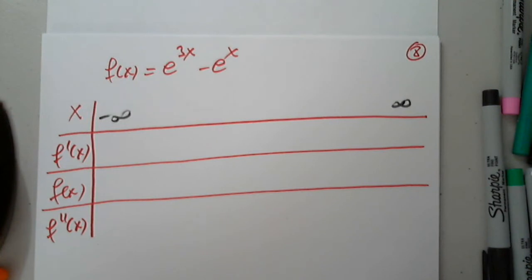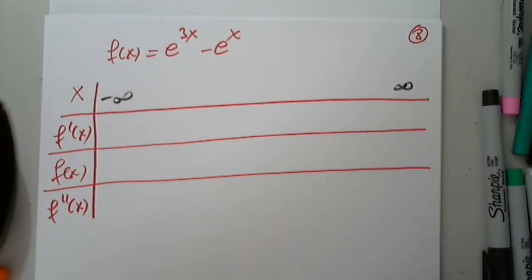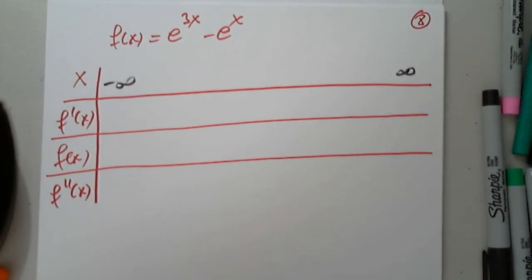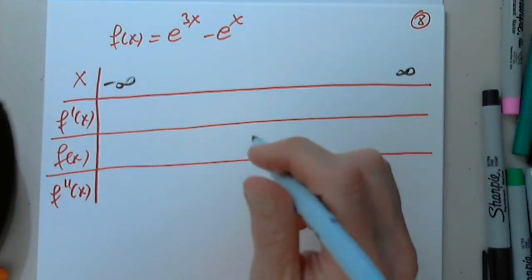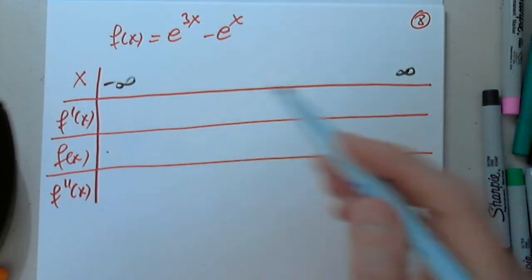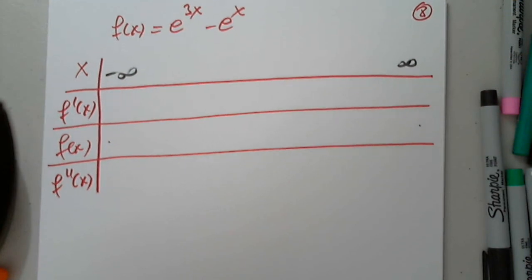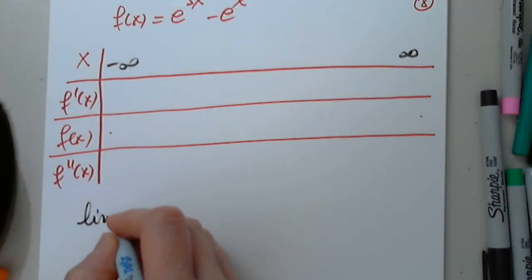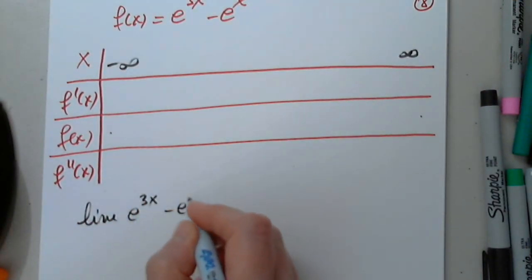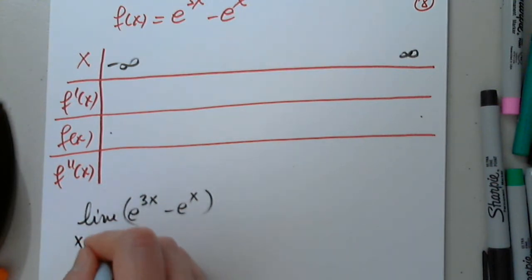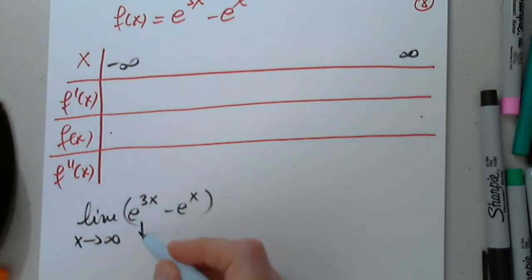Very good. Also, I would like to discuss these limits here. They're very important. What is the limit of e to the 3x minus e to the x as x approaches infinity? As x approaches infinity, this will approach infinity and this will approach infinity.